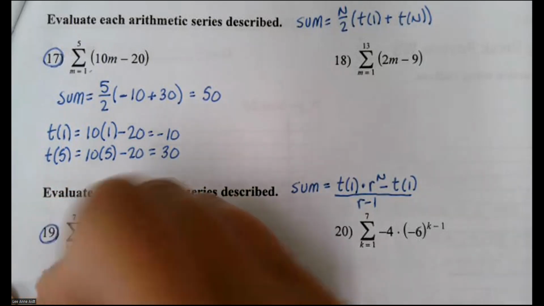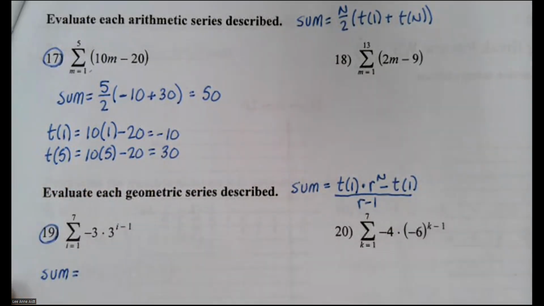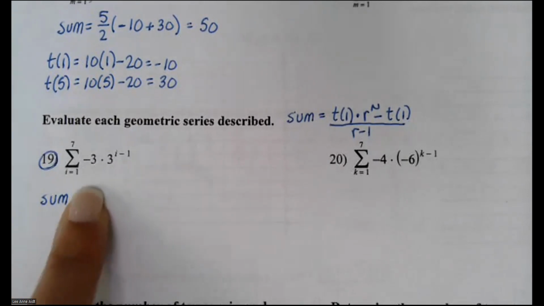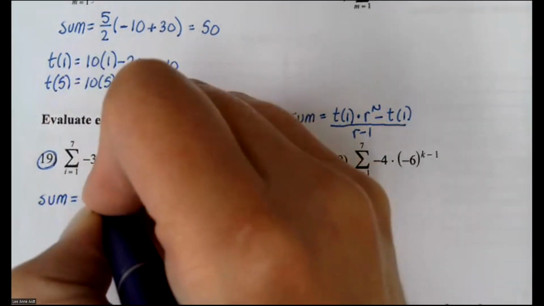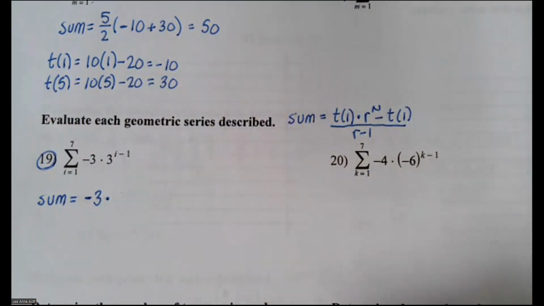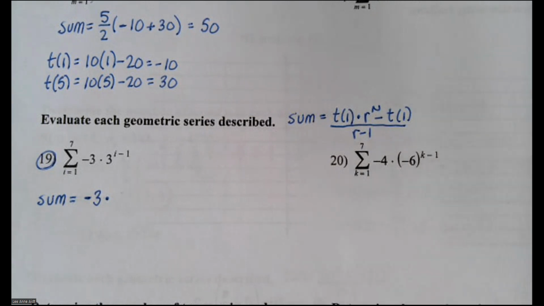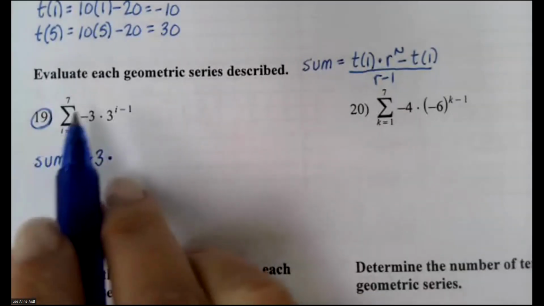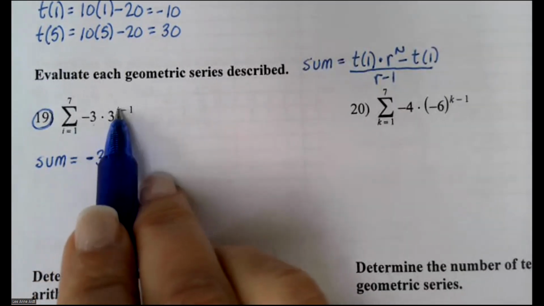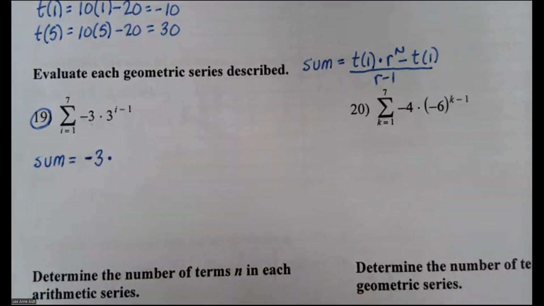Sum equals, what's the first term in the summation notation here? Negative 3. And what is r? Here's a hint. You can kind of tell that it looks like first term times r to the n, the way it looks right there.